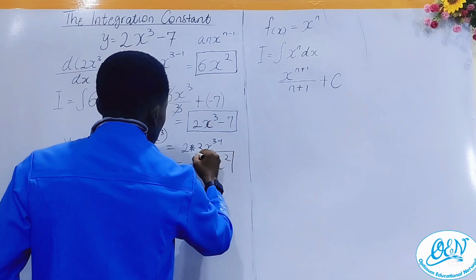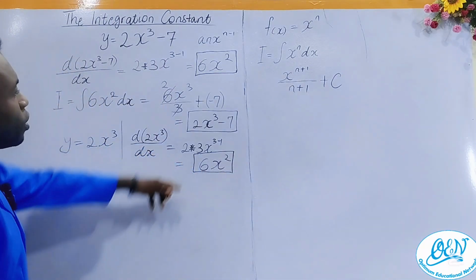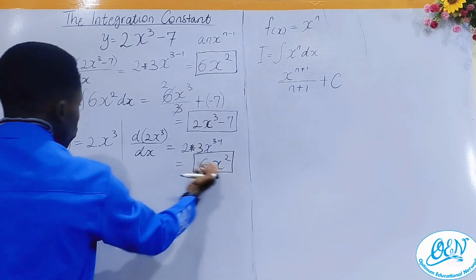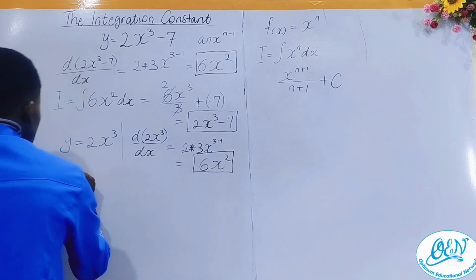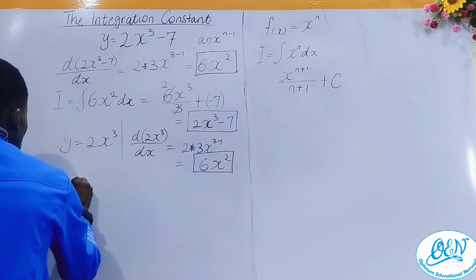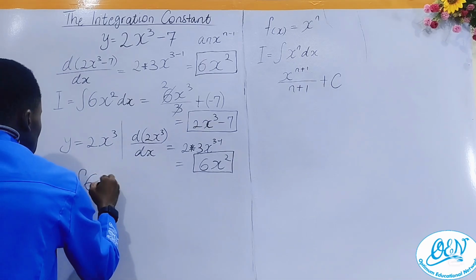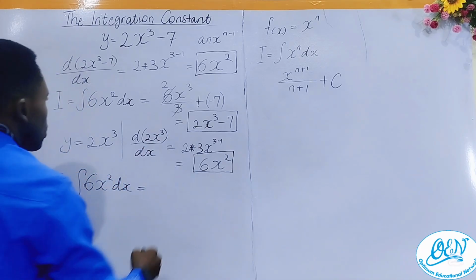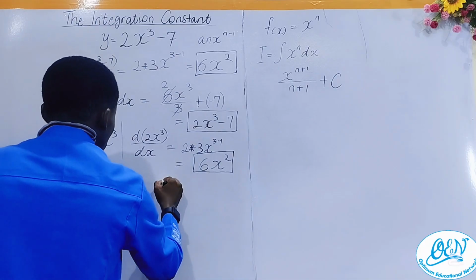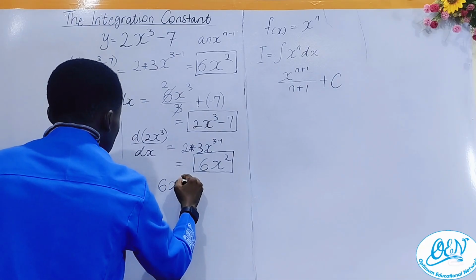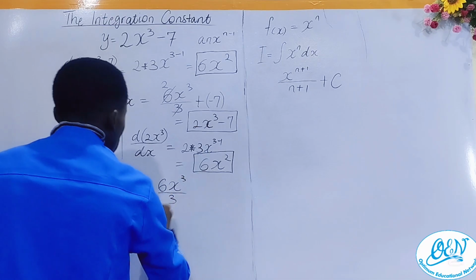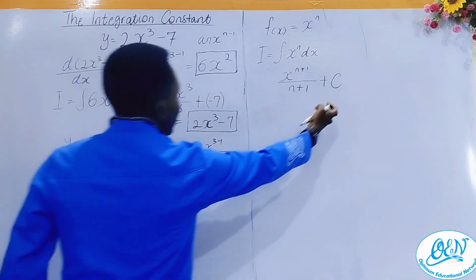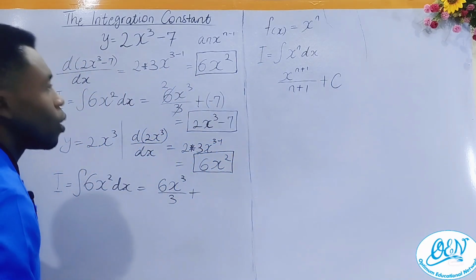So this again is the derivative of this function. Now we want to get back this function. We integrate this: the integral of 6x squared dx. If we integrate this, we have 6x cubed over 3 plus, now time to add our constant.